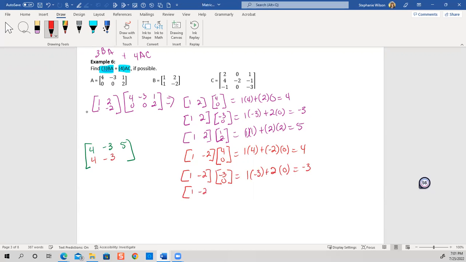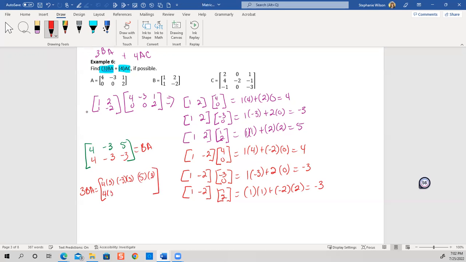Row 2 times the final column. So I got 1 times 1 plus negative 2 times 2 gives me a negative 3. All right, so now I know what BA is. So if I was to say 3 times all that, I'm going to say 4 times 3, negative 3 times 3, 5 times 3.